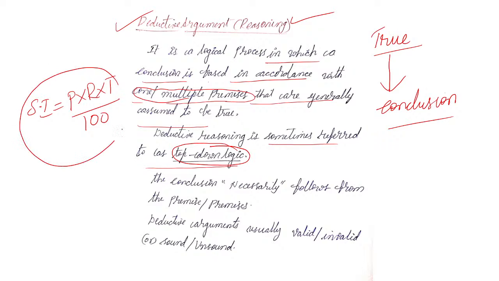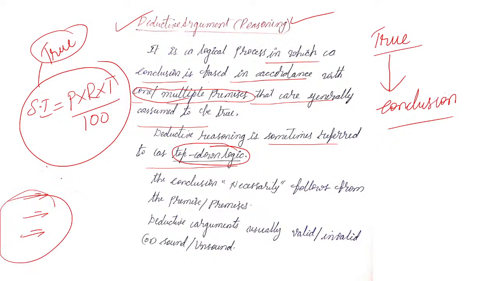We take this as true, and we prove it using different examples. We take some principal amount, rate of interest, and time, and we solve whether we are getting the correct result or not. If we are getting correct results, then this is called a deductive statement.